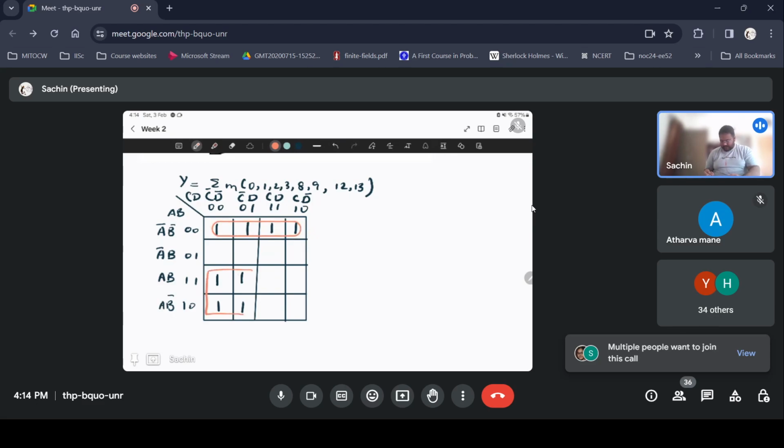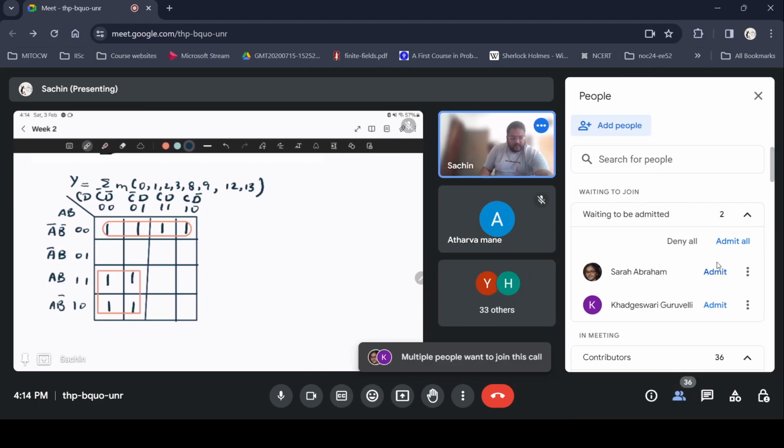We can form the other group like this. So these two groups will cover all the ones, and they are the largest groups of adjacent cells of powers of 2 that we can have.